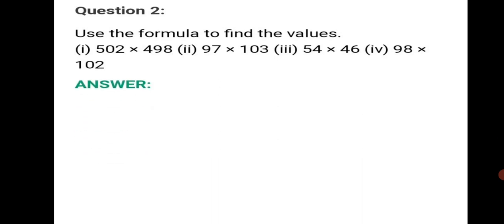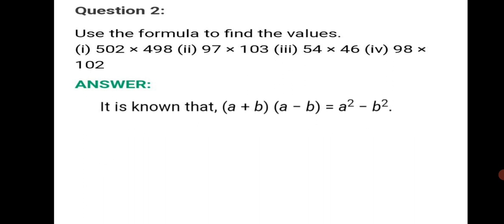Answer. First question. It is known that (a plus b) into (a minus b) is equal to a square minus b square is our formula. But here you can't see the question in this form. But can we expand the given question to form that expression (a plus b) into (a minus b)? Let's check out. First question is 502 into 498.